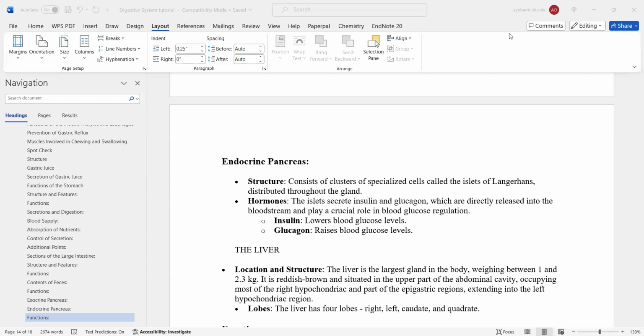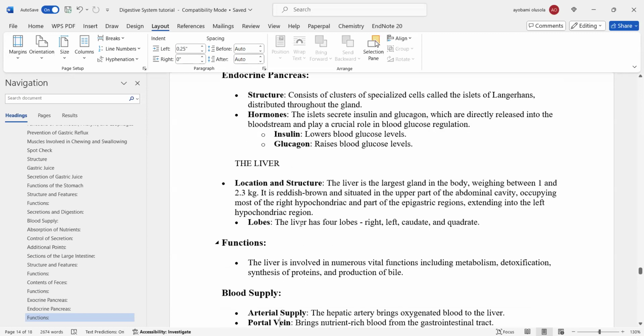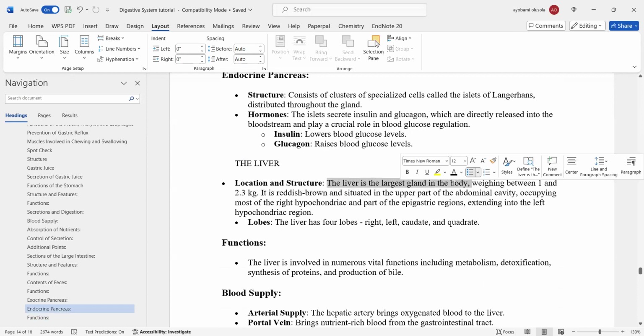So the endocrine portion of the pancreas has clusters of cells, like we have said, that the alpha cell produces glucagon and the beta cell produces insulin. The liver. The liver is the largest gland in the body, okay? It weighs about 1 to 2.3 kilograms.